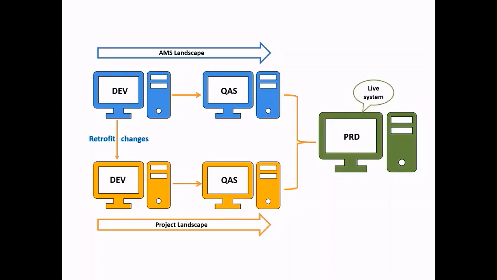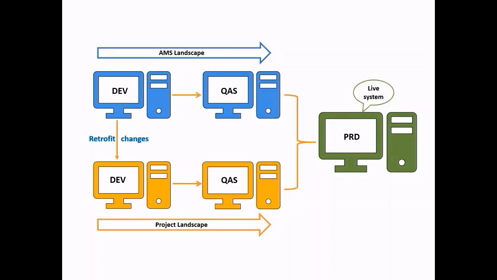If it is a report, S_PROGRAM, we set it up for execution permissions, and if there is a custom table, we use S_TABU_DIS. We add those authorization objects into the custom T codes. That is the most commonly used. Those changes have to be moved into the project landscape.